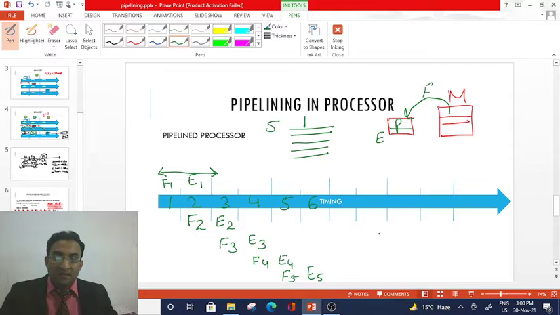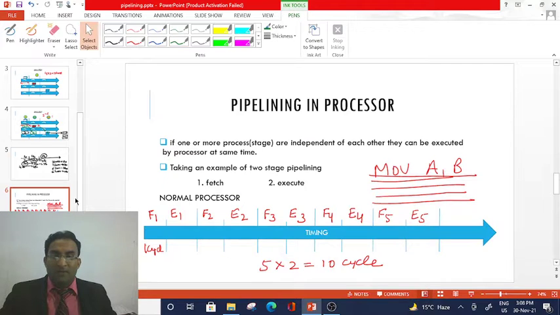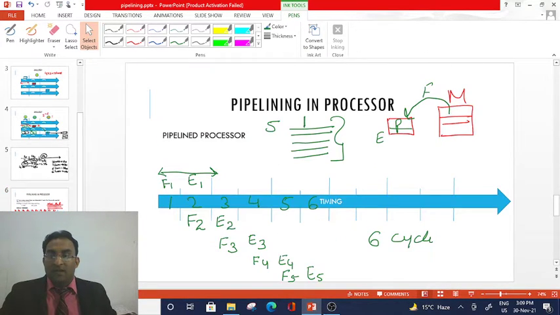That is, in 6 cycles, the whole 5-line program is completed by the pipeline processor, whereas the normal processor has taken 10 cycles for execution of the same 5-line program. So in this way, we have saved 4 cycles.